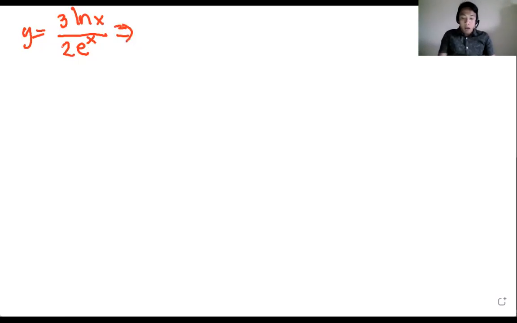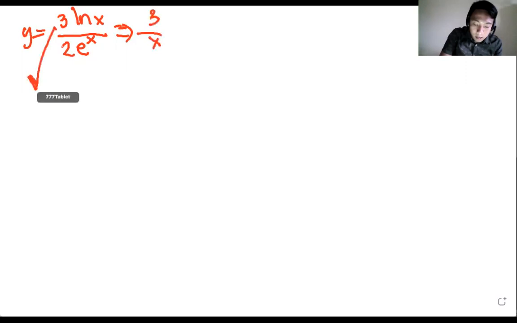Right? So I will find first the derivative of the f. Ang derivative ng f natin is 3 over x. Why? Okay, I will show you again here using the multiplication rule. 3 ln x, this is f, this is g.